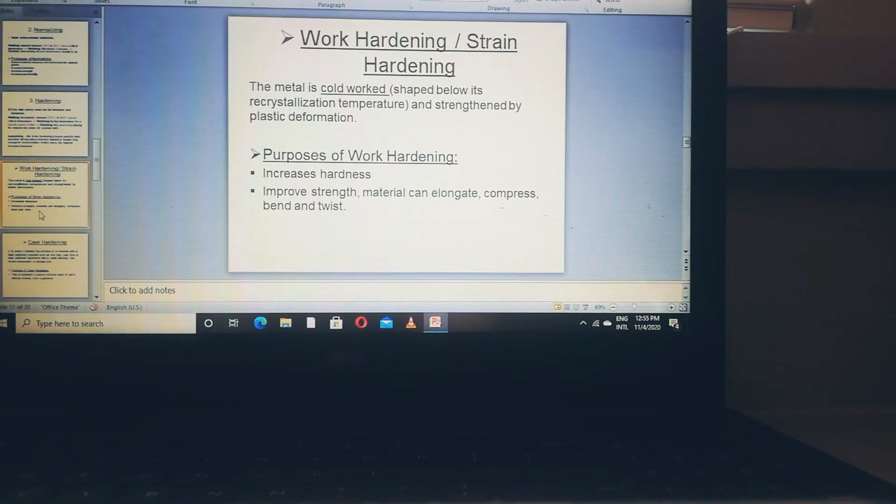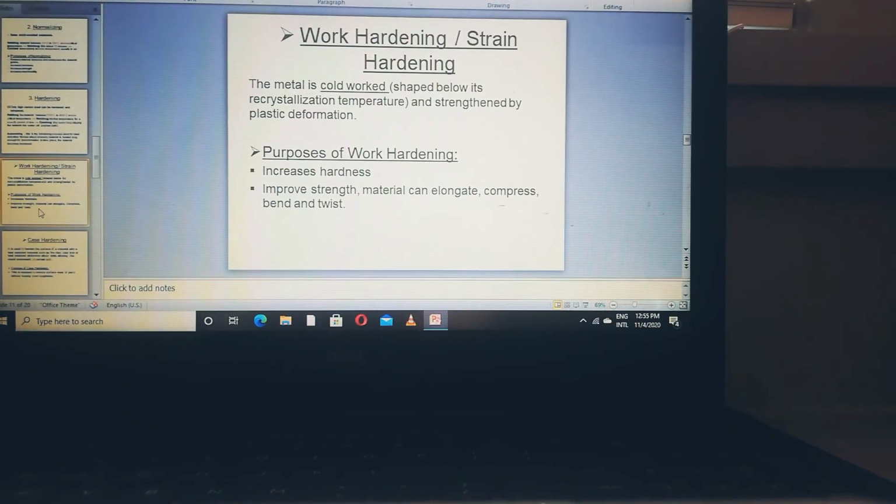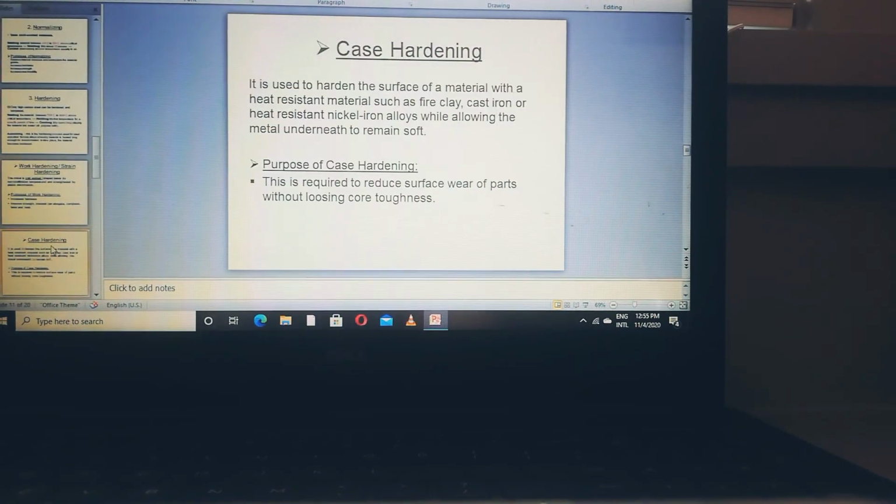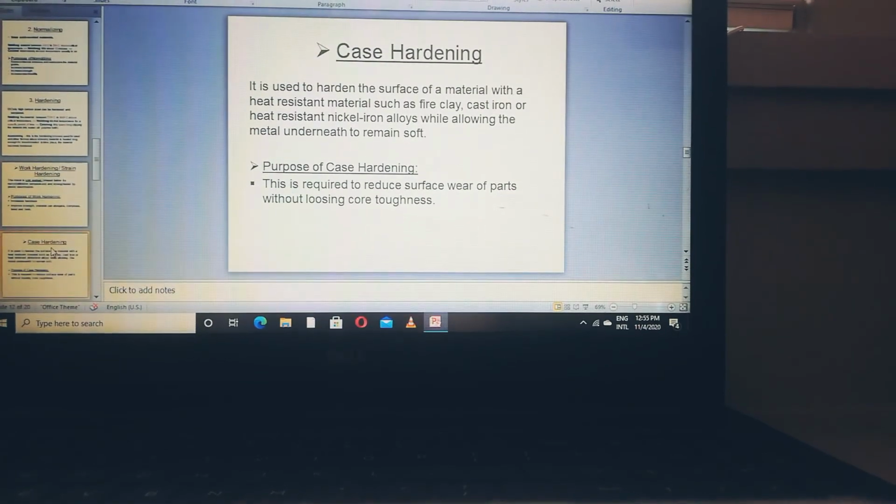Now let us look at another kind of hardening, which is case hardening. Case hardening is used to harden the surface of a material with a heat-resistant material such as fire clay, cast iron, or heat-resistant nickel iron alloys, while allowing the metal underneath to remain soft.